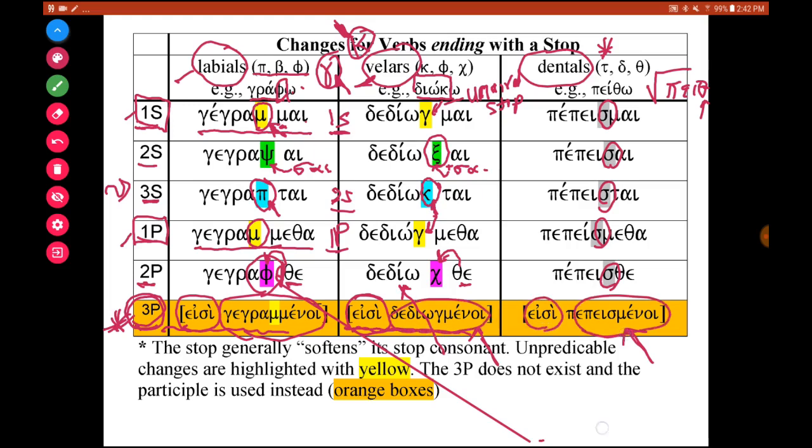But you haven't learned participles yet. Participles is a grammatical form that will be learned after the midterm toward the end of the semester. So for now, you will not be responsible for the third person plural form for stops in the perfect middle passive indicative, and you'll learn how to use the participle to replace the third person plural form in a later lesson.